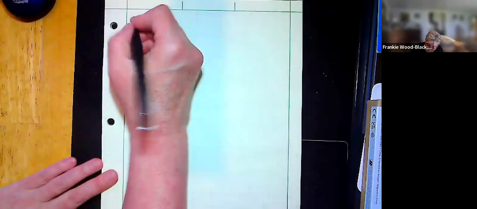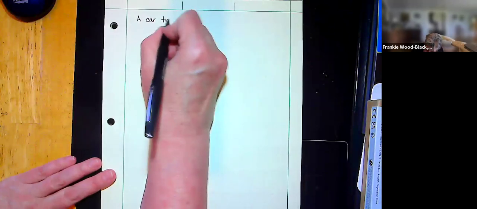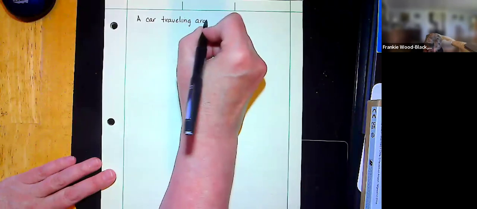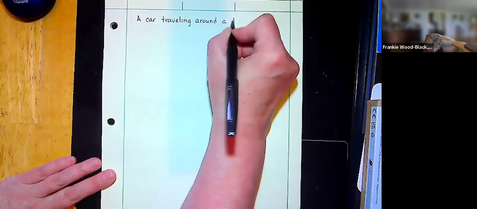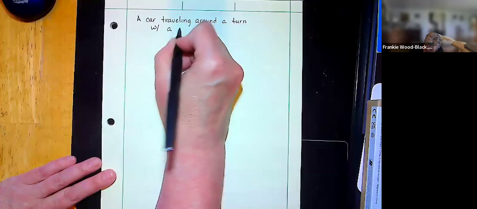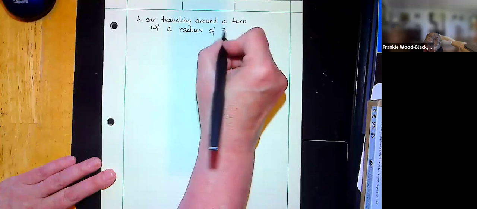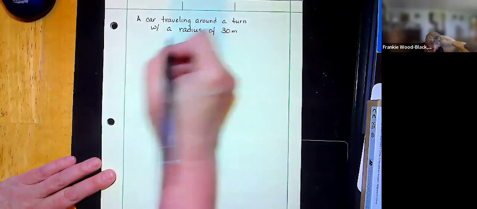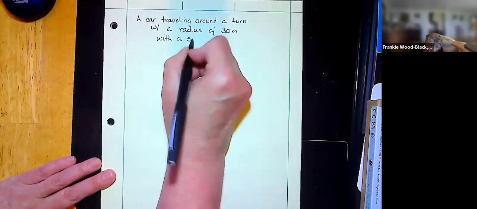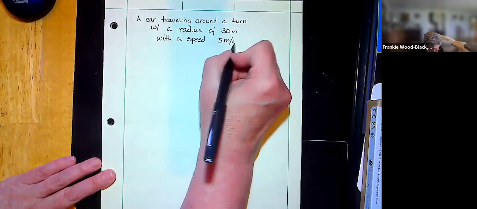We've got a car traveling around a turn with a radius of 30 meters, and we're traveling with a speed of 5 meters per second.